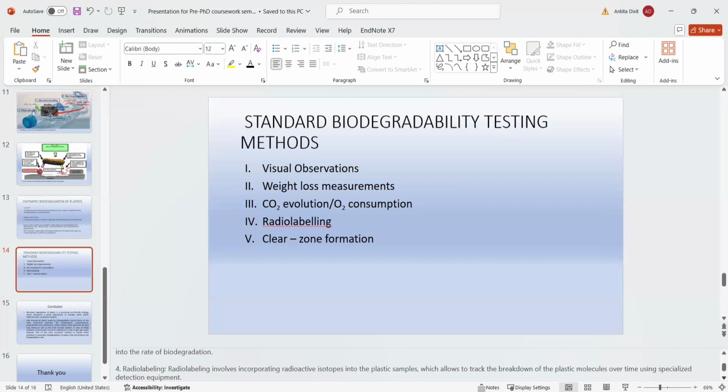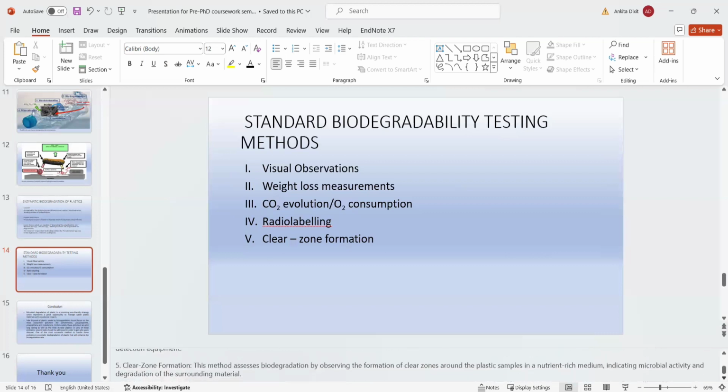Radio labeling involves the incorporation of radioactive isotope into the plastic sample, which allows tracking the breakdown of plastic molecules over time using specific detection equipment. Then clear zone formation. This method assesses biodegradation by observing the formation of a clear zone around the plastic sample in a nutrient-rich medium, indicating microbial activity and degradation of the surrounding material.